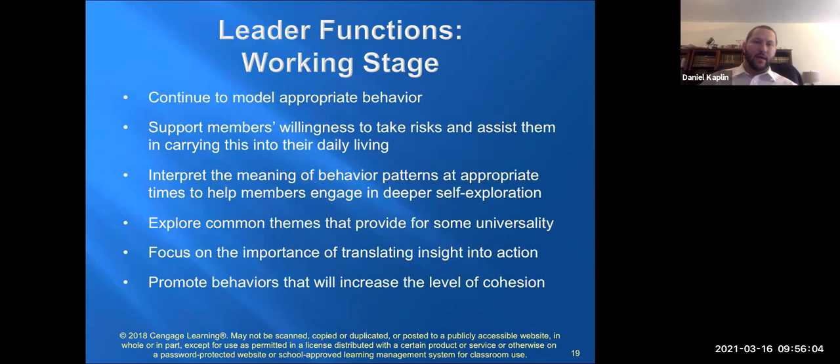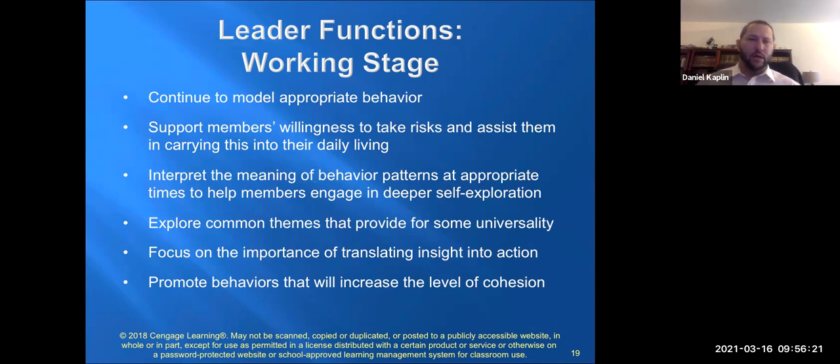Now, leader function. Your job as a leader is to model appropriate behavior. We've been saying this from the initial stage, so continue to model self-disclosure and appropriate behavior.